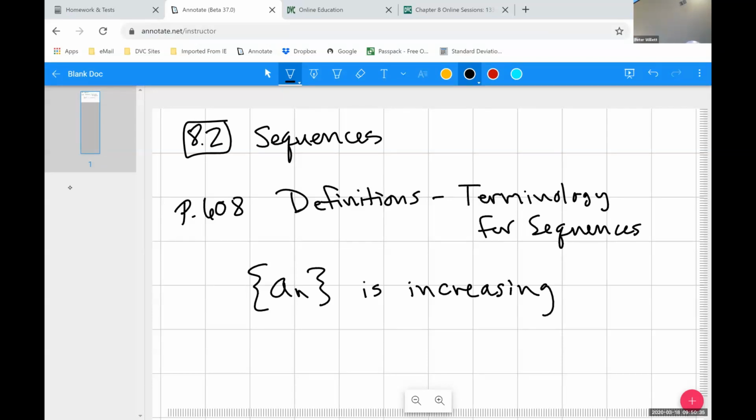So what does it mean for a sequence to be increasing? Well, it basically means that as you go down the list of numbers, they're getting bigger. Hopefully that makes sense in general terms.